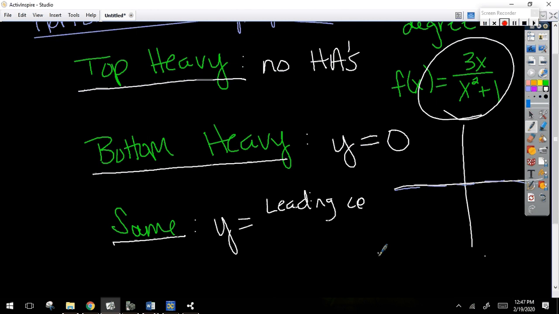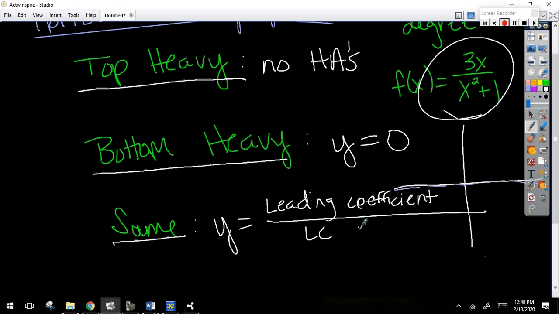I do the leading coefficient of the top divided by the leading coefficient of the bottom. So what is the leading coefficient, in case you forgot? The number in front, the number that's hooked to the term with the degree.